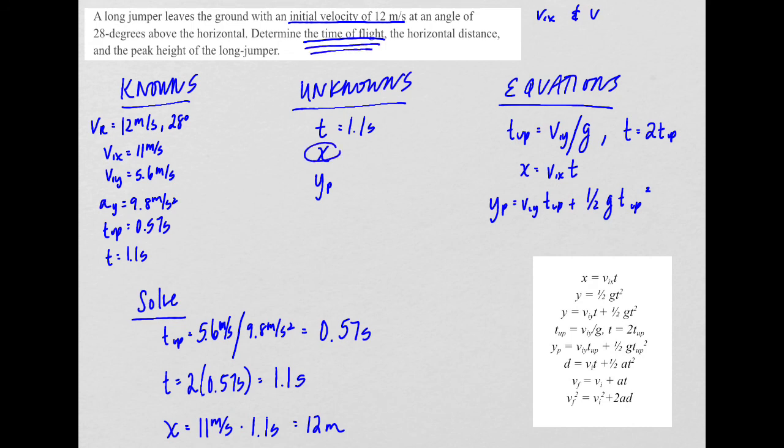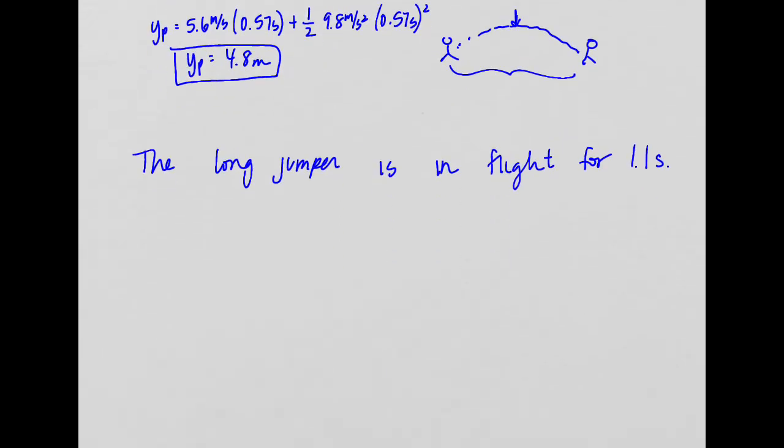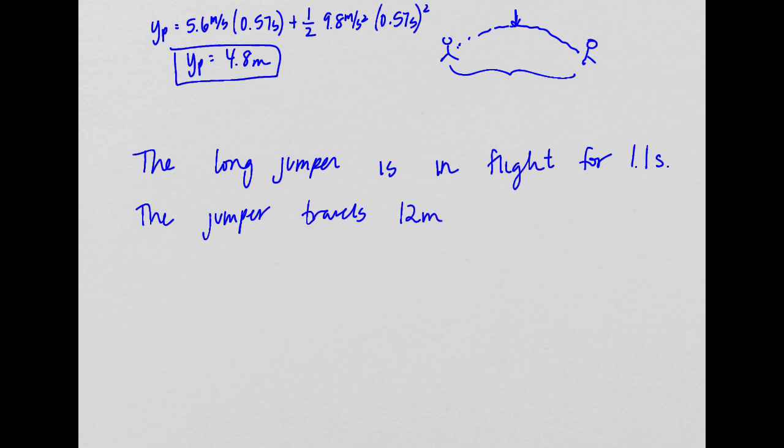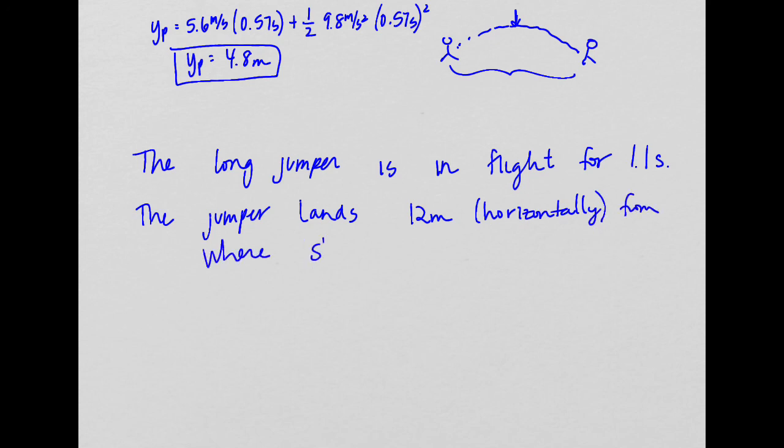X, remember, X is the horizontal distance that the jumper goes. So the long jumper travels 12 meters. Or you could say, let's not say travels. The jumper lands 12 meters, we'll say 12 meters horizontally from where she jumped from.